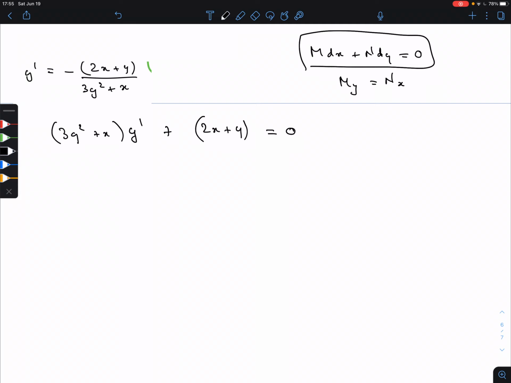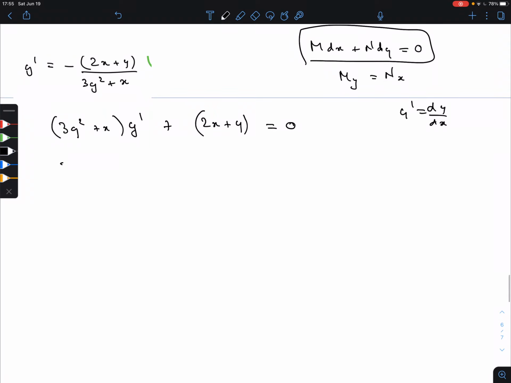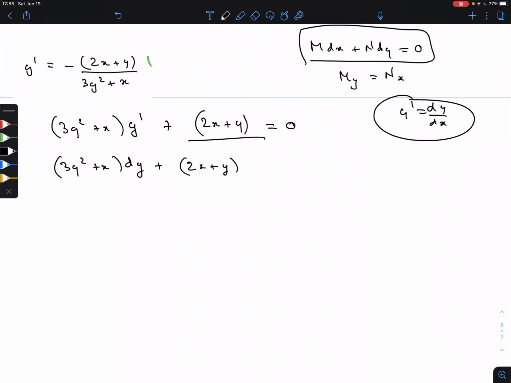What about this dx and dy? Well, y prime is dy over dx. So we should write it in this form, even more telling then. So we should write 3y squared plus x dy, plus, and what happens to dx? Well, this whole thing is multiplied with dx, right? Think of this just as a fraction, and that's what you have to do. Okay, so now at least we got it in the form.